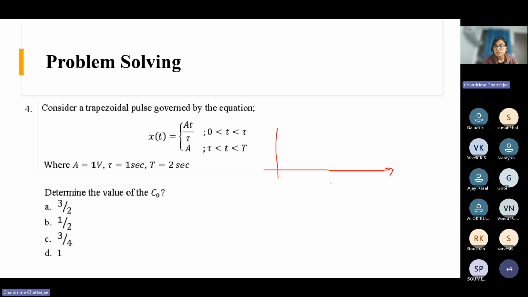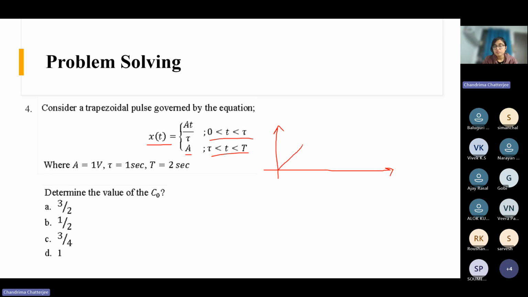This has already been discussed in the lecture. What is the time domain equation? x(t) is equal to At by tau in this interval and then A in this interval.